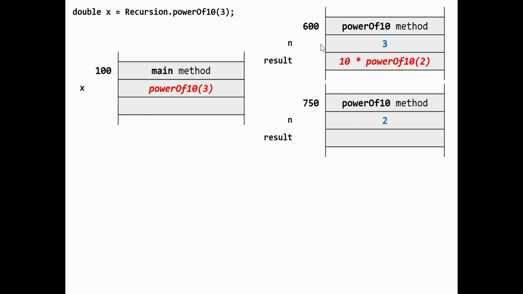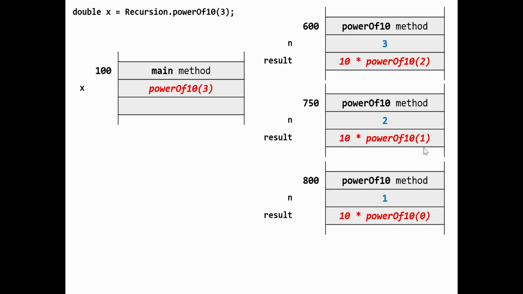Every time you call a method, a new version of that method appears. And the result stores the value 10 times power of 10 of 1. But that's another method call, so that method appears on the call stack somewhere. That value of 1 is stored in the parameter n for that version of the method, and the result is 10 times power of 10 of 0.